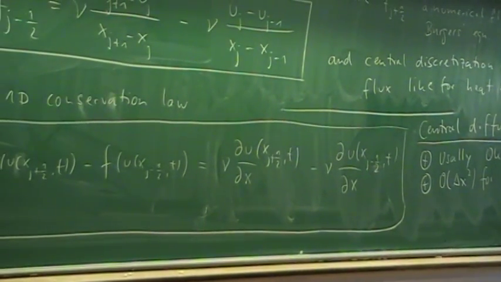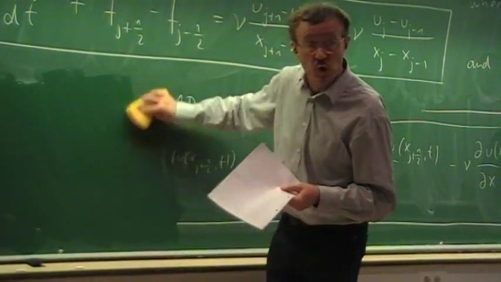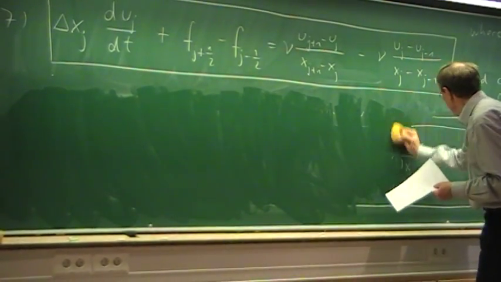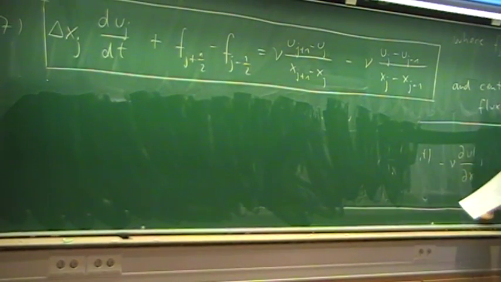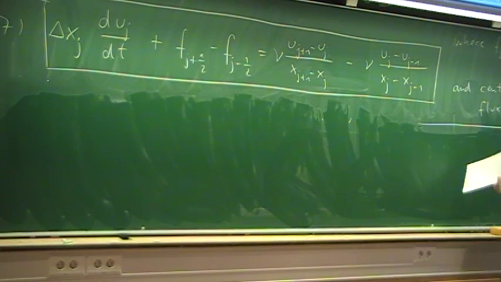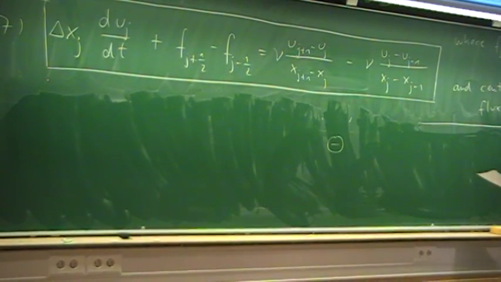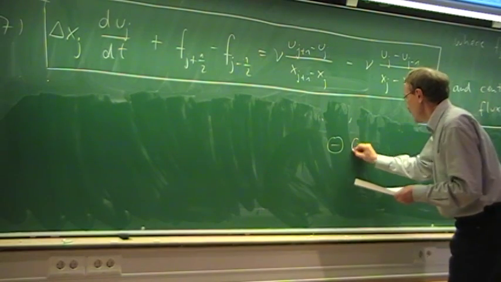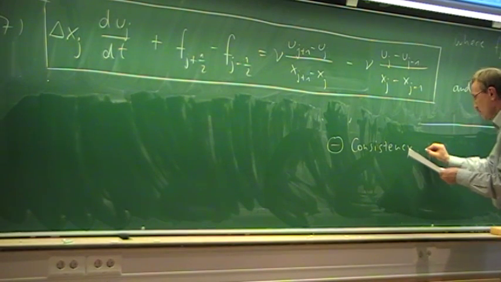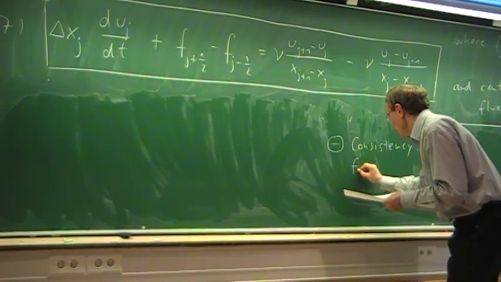So one has to be careful. That is always the advice. When you vary the grid spacing, vary it smoothly. Otherwise, you might get a problem. So the minus that I want to write now belongs to this central diffusive flux: the consistency may be lost for a non-smooth grid.